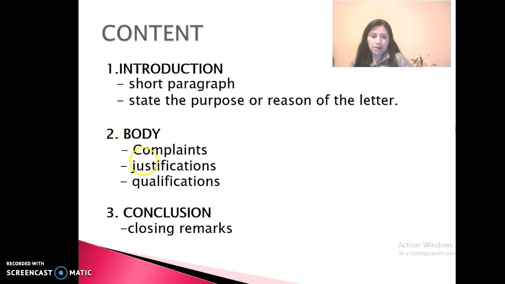It will be like the thesis statement. In the body, you're going to develop the thesis statement, including some main ideas with supporting details and examples. At the end, you put the conclusion. It is a short paragraph where you are going to put some closing remarks.